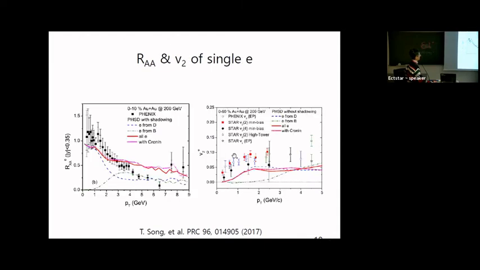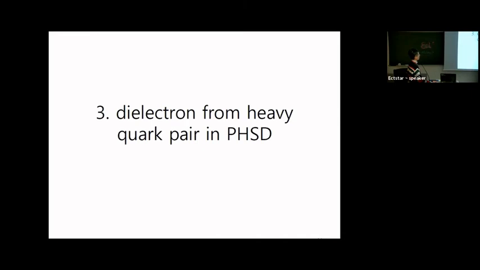And this is RAA of single electron and electron flow. And again, at low transverse momentum, single electron from D meson decay is dominant, and at large transverse momentum, B decay is more dominant. And let me move to dielectron.